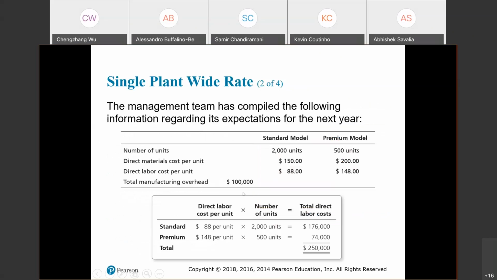So as you can see, again, total manufacturing overhead for the production of these two models is 100,000, and total units is 2,000 plus 500. Total production units is 2,500.